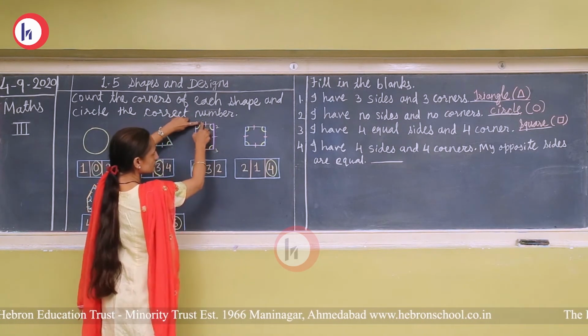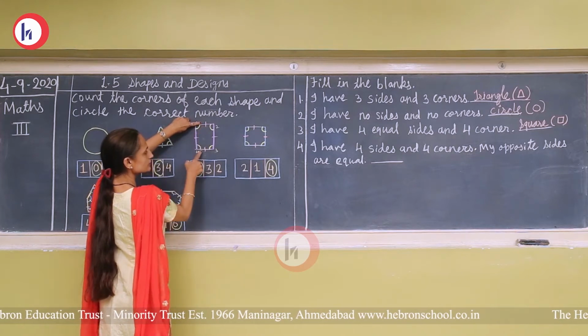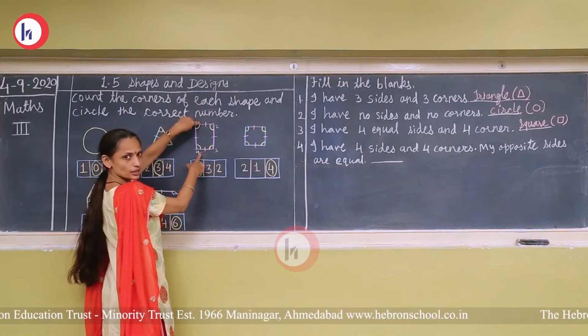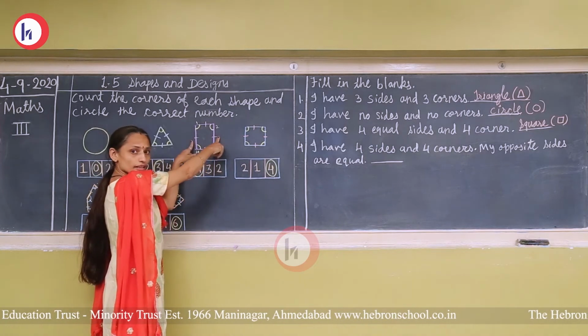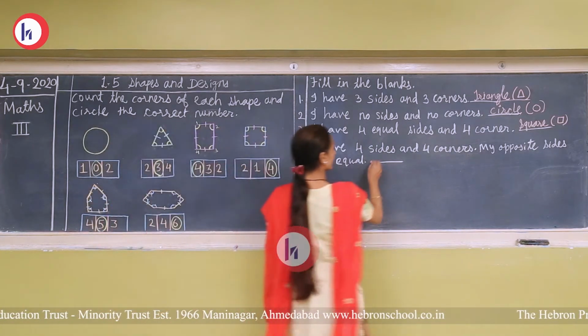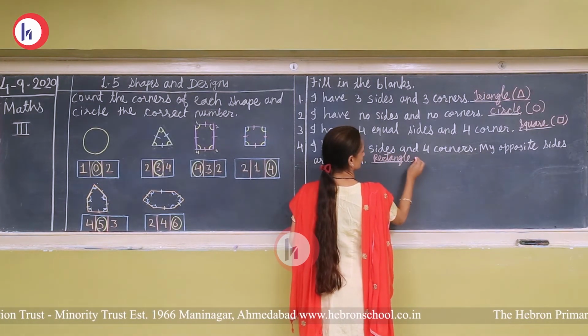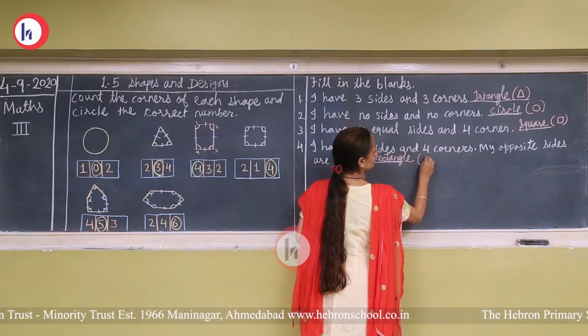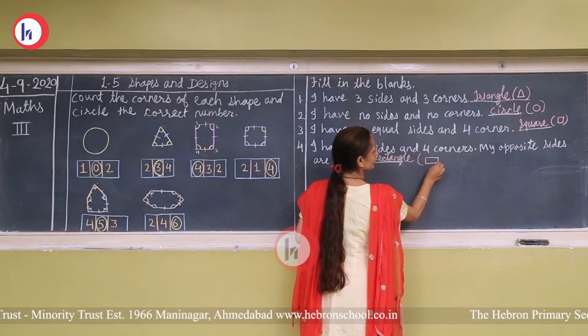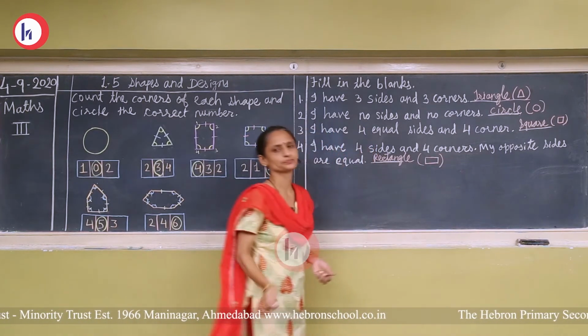See, the opposite side of this side is here. Means these both sides are equal and these both sides are equal. So the answer is rectangle. This is a rectangle shape.